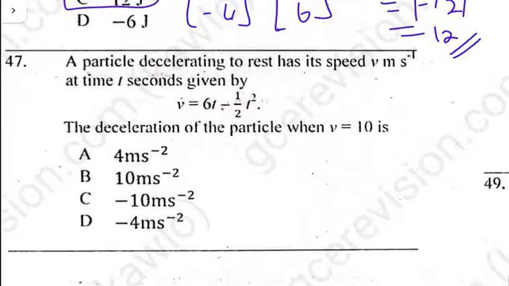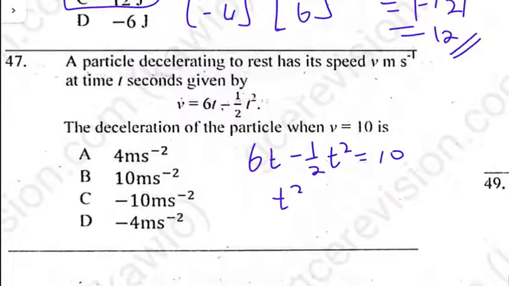So we have 6t minus a half t squared equals 10. So we have t squared, taking it that way, minus 12t plus 10 equals 0. So what will be the values of t here?